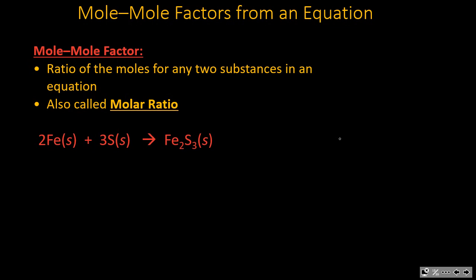So if I say, hey, I've got 20 iron atoms, okay, how many sulfur atoms am I going to need? How did you get that number? It's 2 to 3. Therefore, you did what? Yes, you multiply by that ratio, okay? 3 sulfurs for every 2 irons. 3 over 2 times 20 gives you 30.